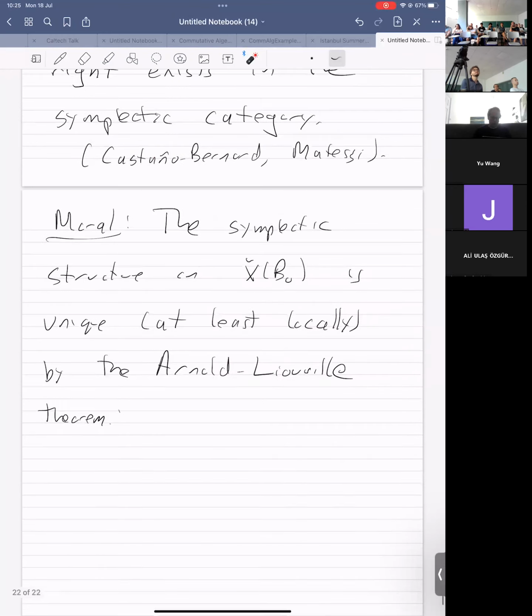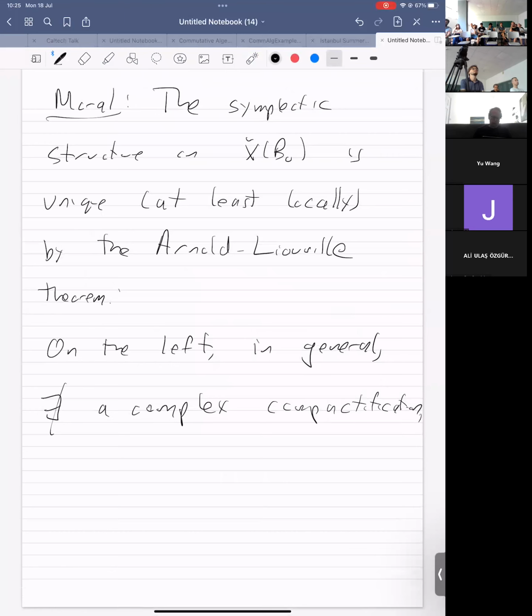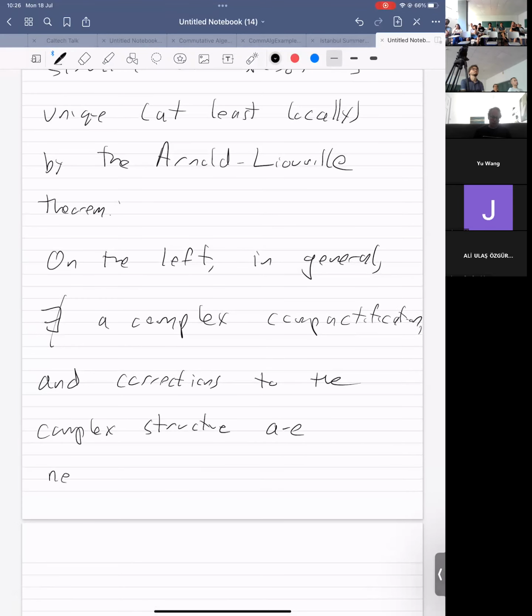So on the left, in general, there does not exist a complex compactification. And corrections to the complex structure are necessary before compactifying.